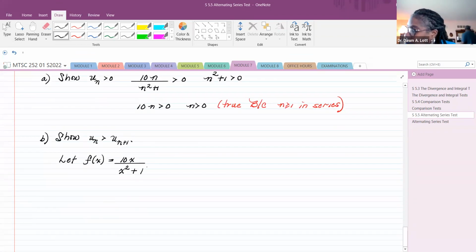Okay, so we take f prime. We get the bottom, x squared plus 1, times the derivative of the top, which is 10, minus the top, which is 10x, times the derivative of the bottom, which is 2x, over the bottom squared.